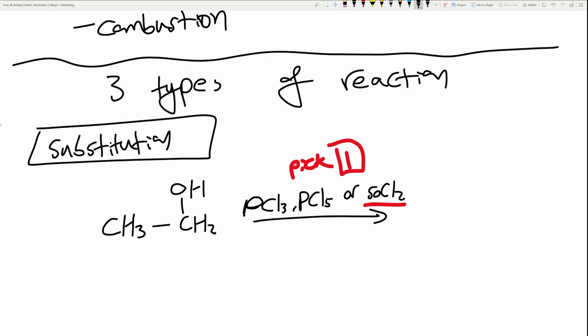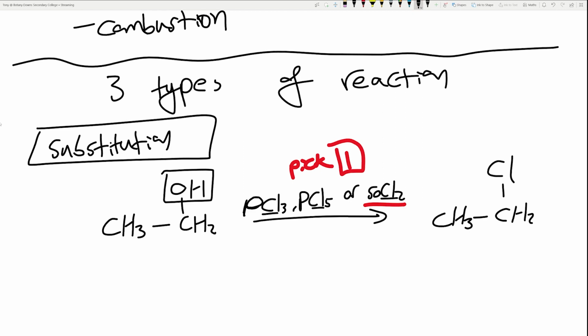I told you this is a substitution reaction, and you should know by now that it's always a functional group that gets substituted, and all of these 3 have chlorine. It's not too difficult to know that this turns into a haloalkane.